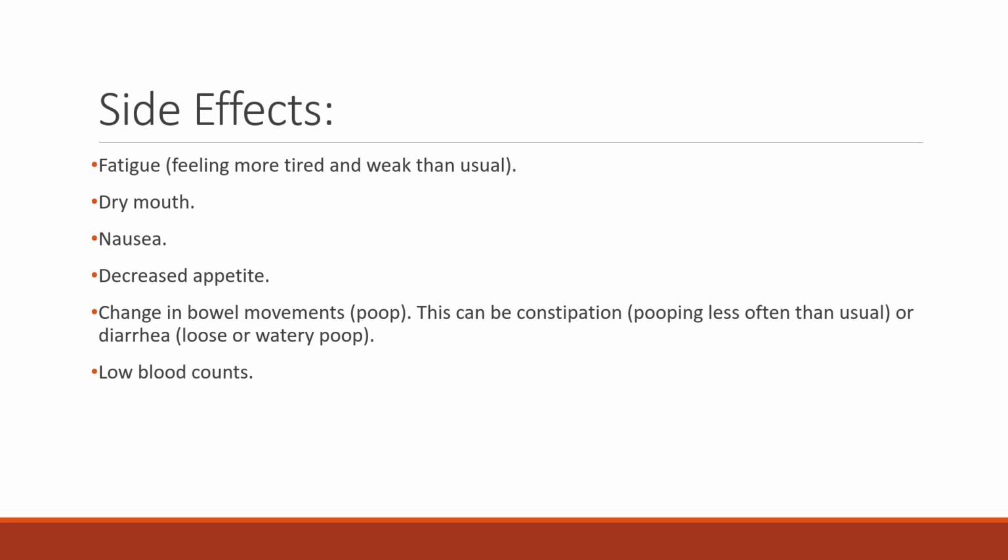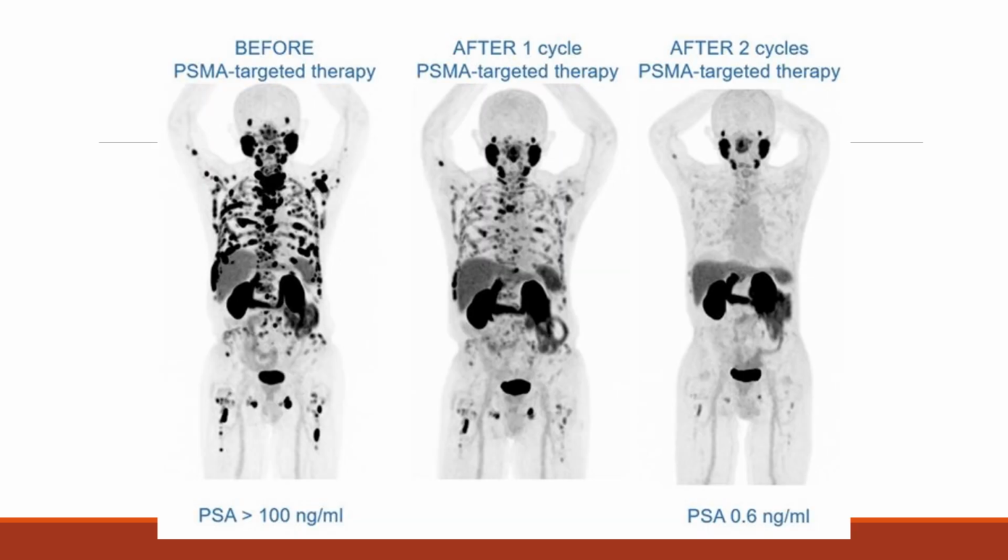Side effects: fatigue, dry mouth, nausea, decreased appetite, changes in their bowel, or low blood counts. So this is before and after therapy. The first image there that looks really nasty, that's before the PSMA targeted therapy. Remember, it was normal to see the kidneys, the bladder, the liver, and spleen.